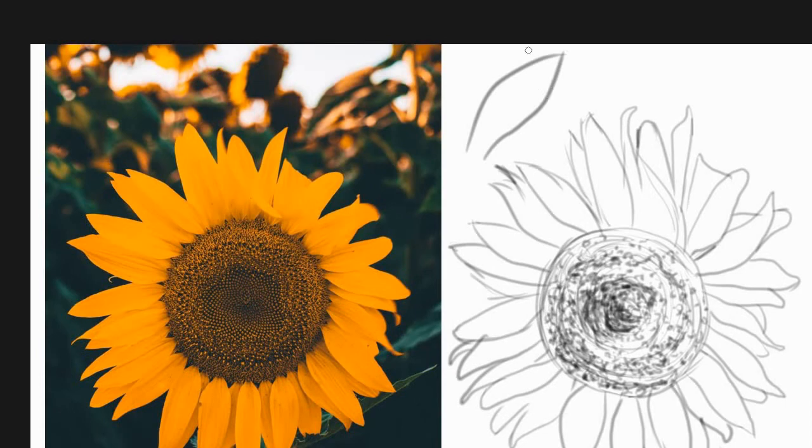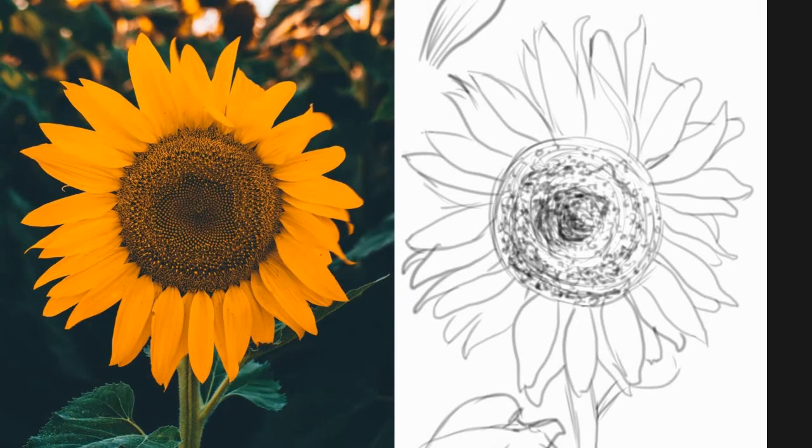And for the petals here, when you're trying to create the shadow and the illusion of that three-dimensional form, you have to flick it. You have to push hard when you start, which is the darkest area, and then just draw outward, all the while keeping in mind the direction and the outline.